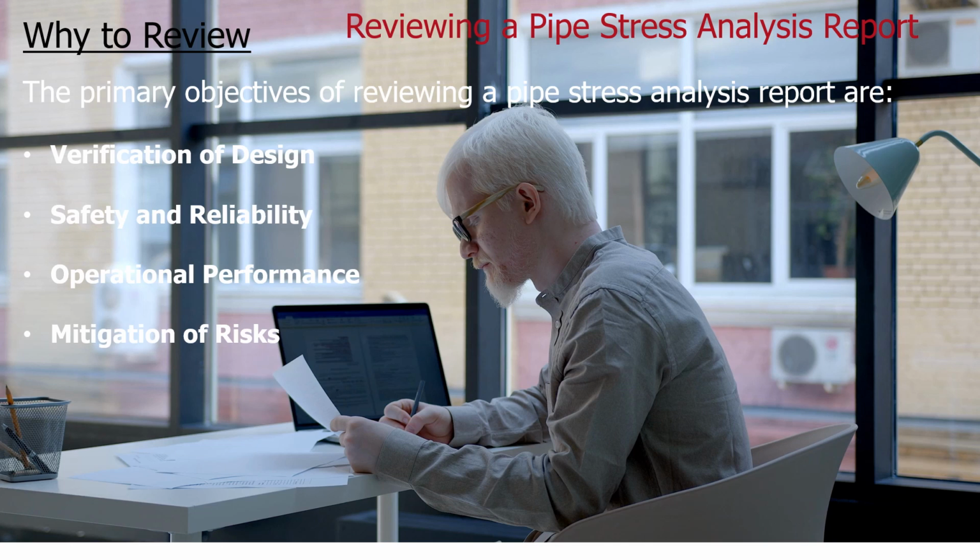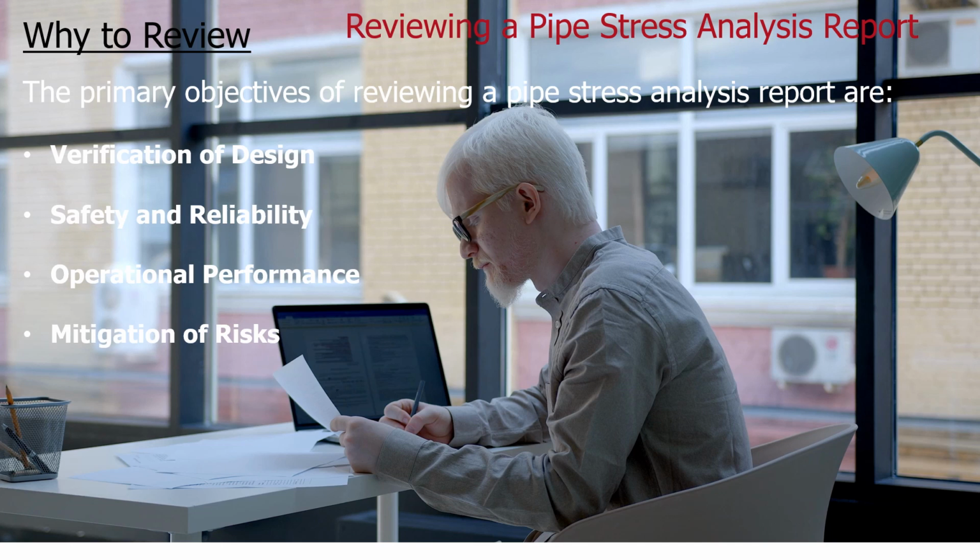Next will be mitigation of risks. In this part, the stress report will be identifying the potential risks and hazards associated with the piping system's operation and recommend appropriate measures to mitigate these risks. This might involve suggesting some design changes.